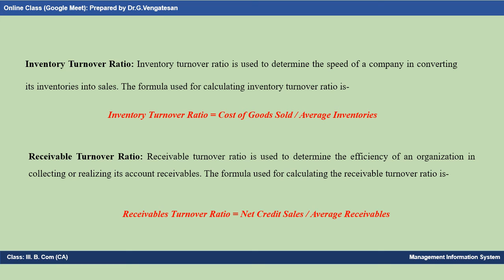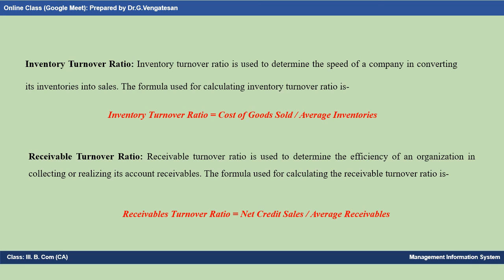It indicates the number of times the stock has been turned over during the period, and as such it evaluates the efficiency with which a firm is able to manage its inventory. Here the formula that is used to find out the inventory turnover ratio is cost of goods sold divided by average inventory.